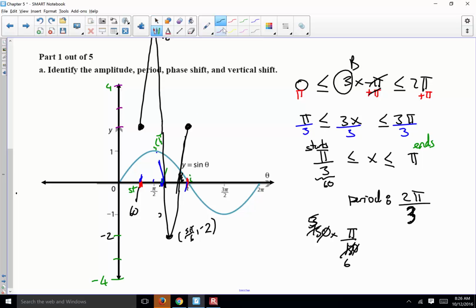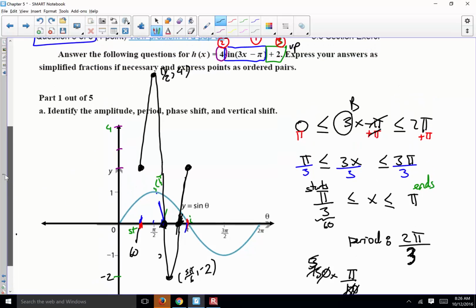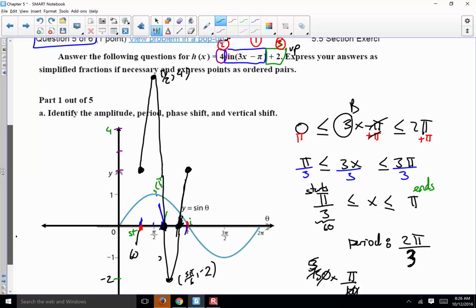There are 2 significant values here, there and there. Okay? Any questions? Alright, let's answer these.